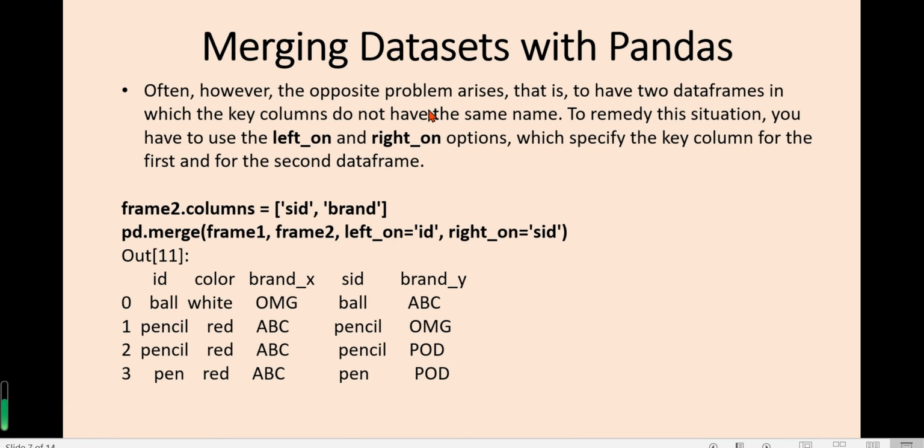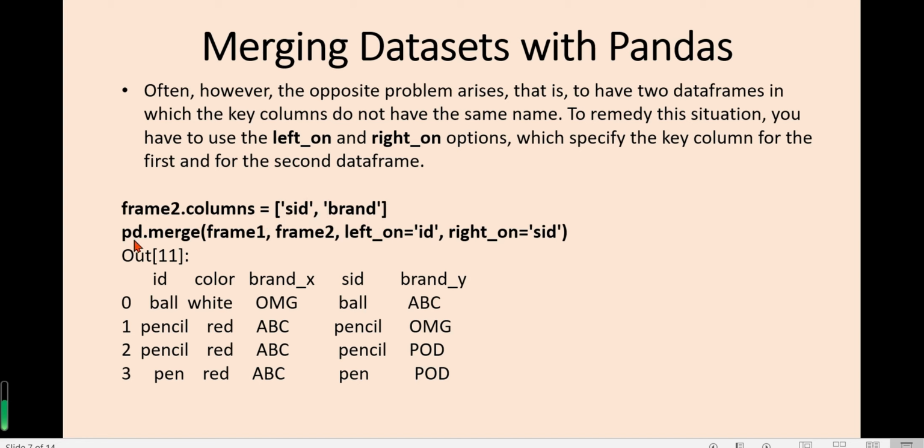Often the opposite problem arises, such as having two data frames in which the key columns do not have the same name. To remedy this situation, you have to use the left_on and the right_on options, which specify the key column for the first and the second data frame. For example, we change the column names of frame 2 to SID and brand.